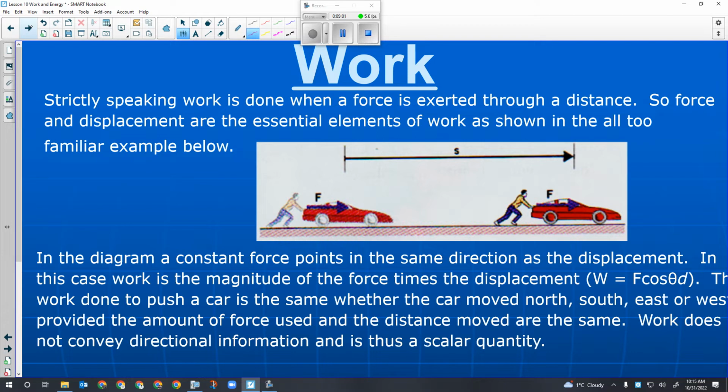Okay? If the work is being done to you, you're gaining energy. Your change in energy will be positive because the energy is coming to you. The object doing the work, its work will be negative because it's giving that energy away. It now has less. Right? That sort of makes sense. So it's not about direction, it's about whether you gained the energy or lost it.